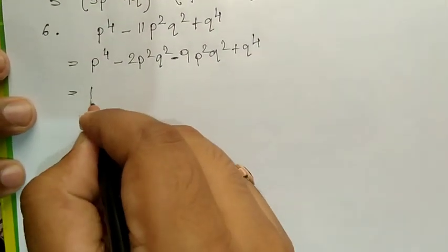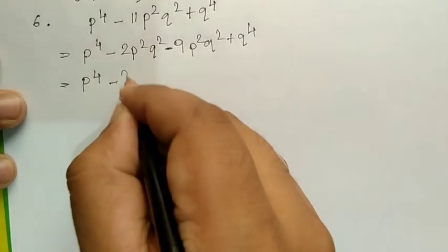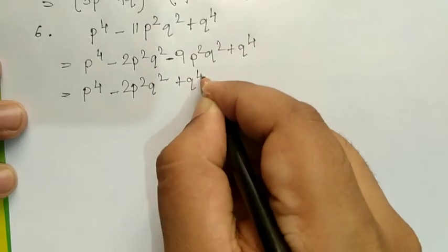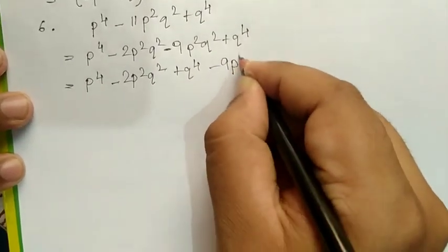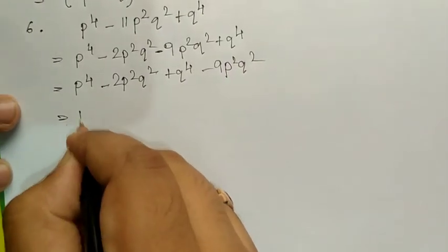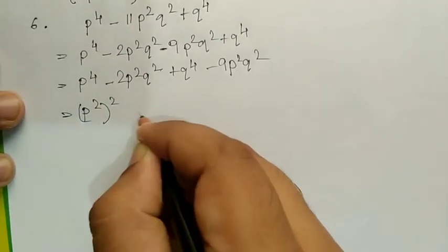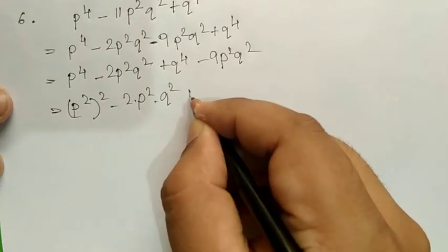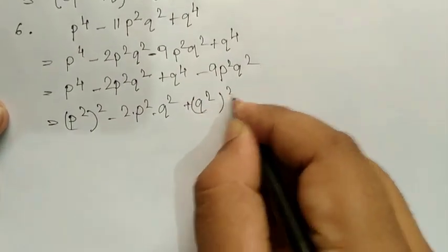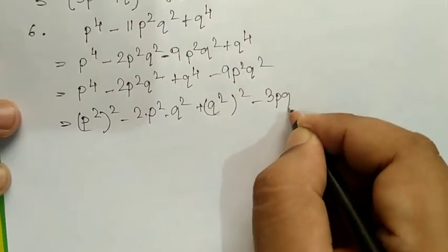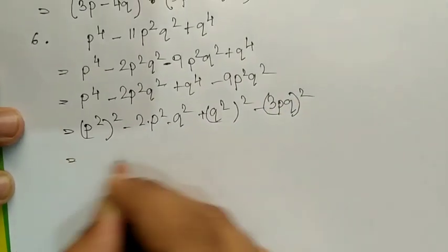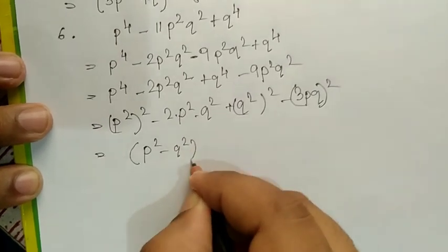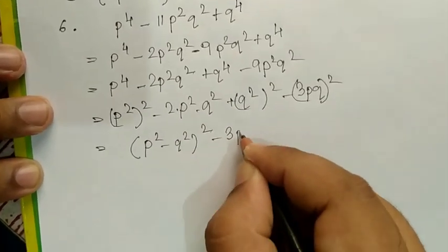So therefore p to the power 4 minus 2p square q square plus q to the power 4 minus 9p square q square, p square whole square minus 2 into p square into q square plus q square whole square minus 3pq whole square. From first 3, p square minus q square whole square minus 3pq whole square.